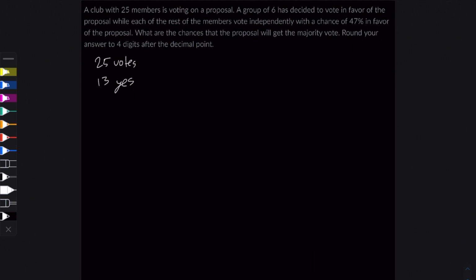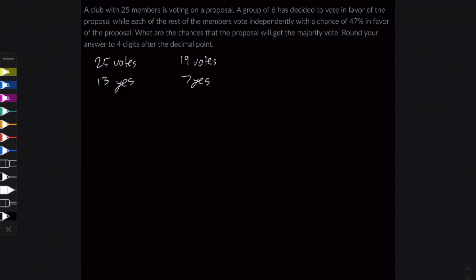So that means we only have 19 votes left up to random voting. So 19 left, and we would only need 6 more yeses. Or no, actually we would need 7 more yeses, I'm sorry. So we would need 7 more yeses, right? Because 6 people have already chosen to vote yes. So out of our 19 remaining votes, we need 7 yeses.